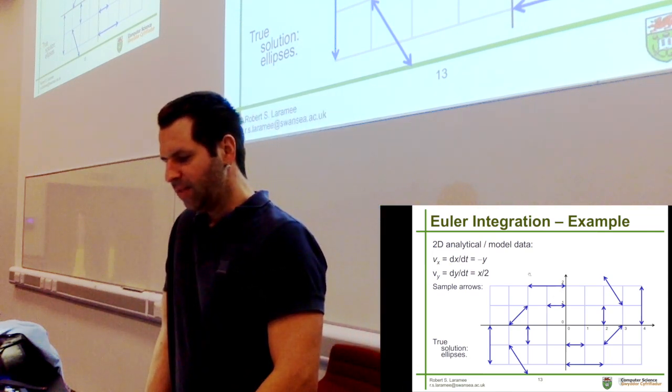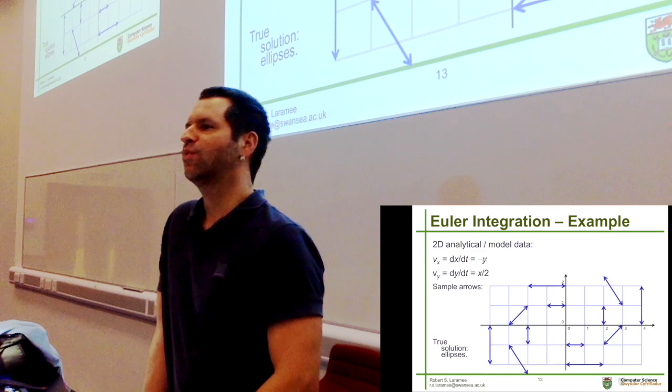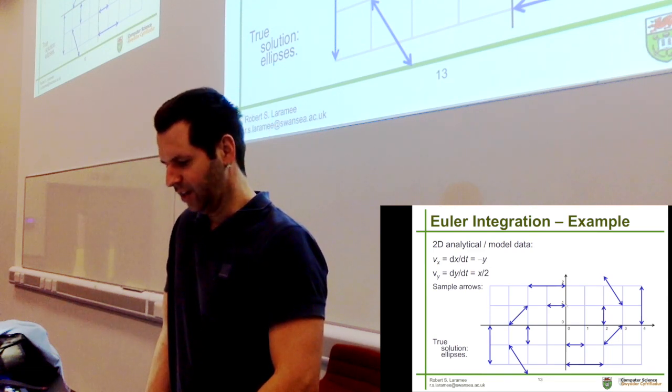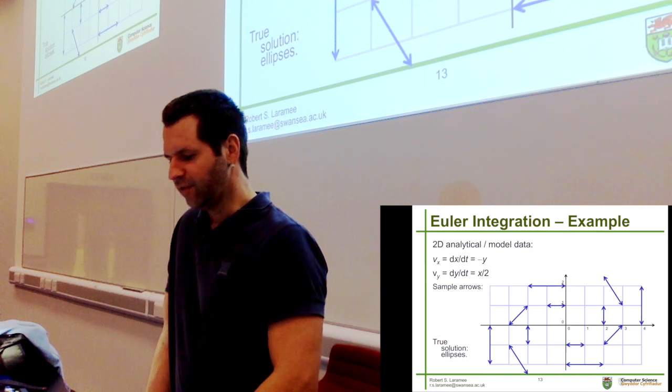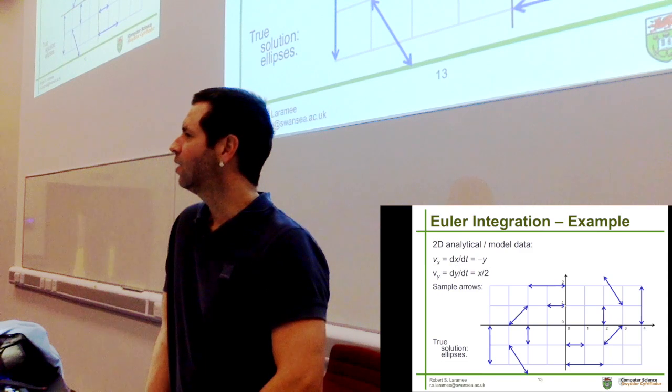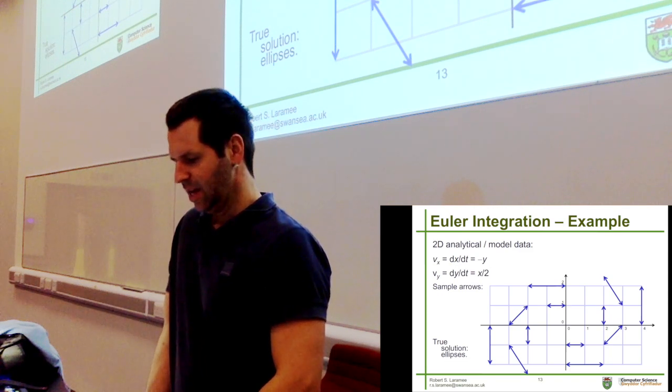So 1 multiplied by -1 is? -1, exactly. So the x component of the velocity at this point is -1. Everybody follow that? And now what about the y component? That's x.